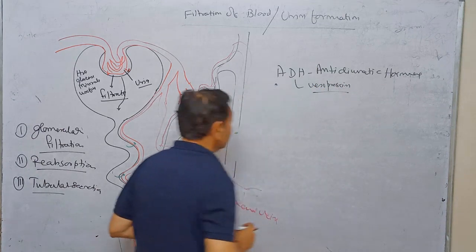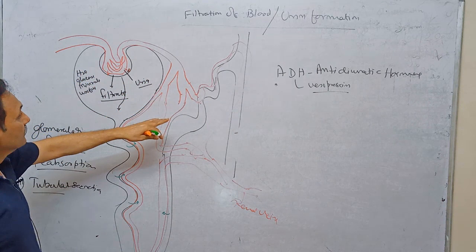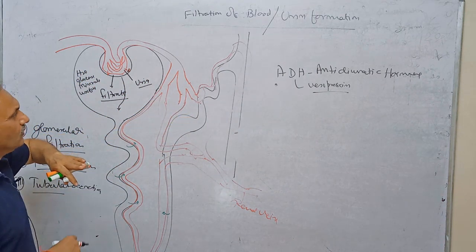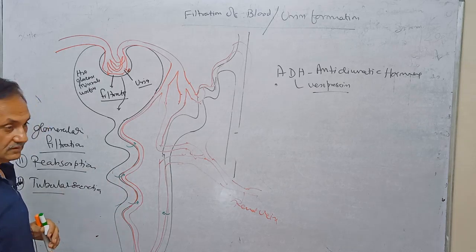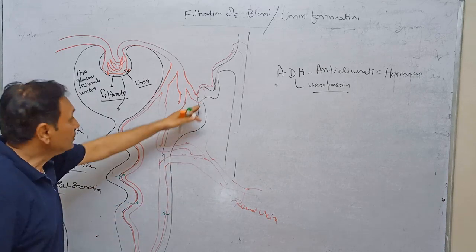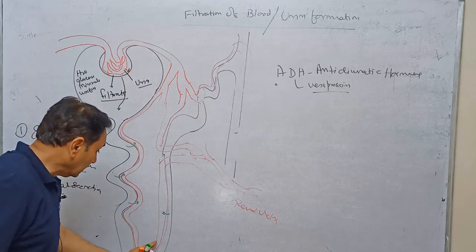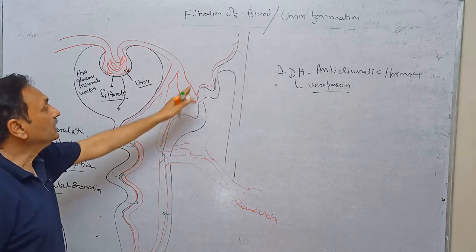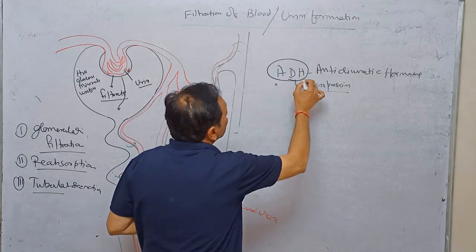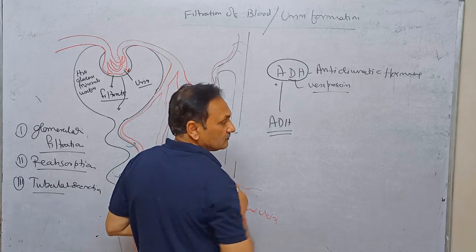If the concentration of water and salt in the blood, after passing through the DCT or the loop of Henle, is not up to the mark, then a signal goes to the pituitary to release ADH.